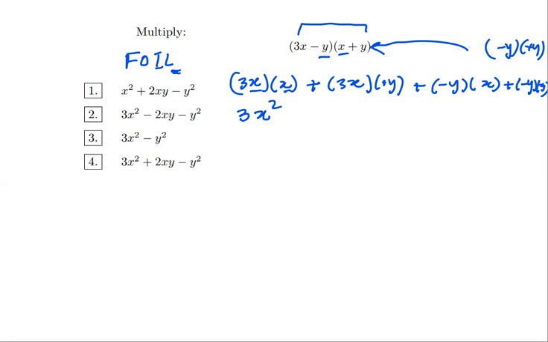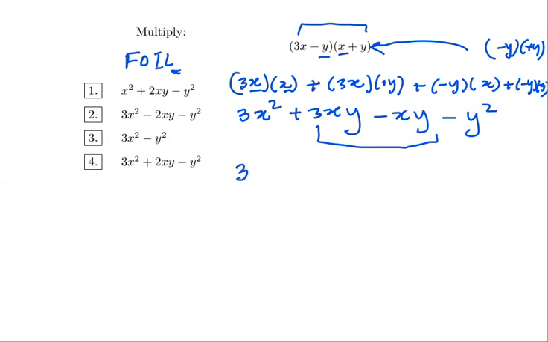3x times y is just 3xy. -y times x is just -xy. And -y times y is just minus y squared. It looks like we can simplify this by subtracting 1xy from 3xy.